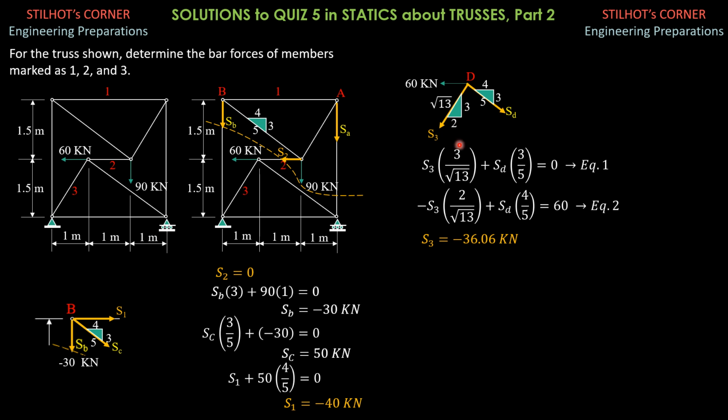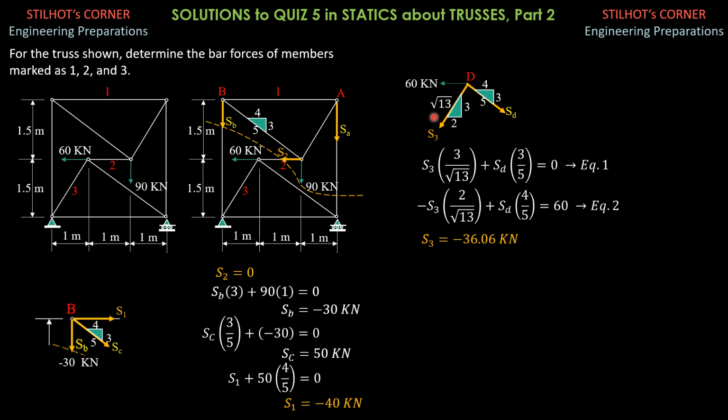So summation of forces Y equals 0, going down positive. The vertical component of S3 is S3 times 3 over square root of 13, plus the vertical component of SD, SD times 3 over 5. Then no more, equals 0. Call that equation 1. Summation of forces X equals 0.